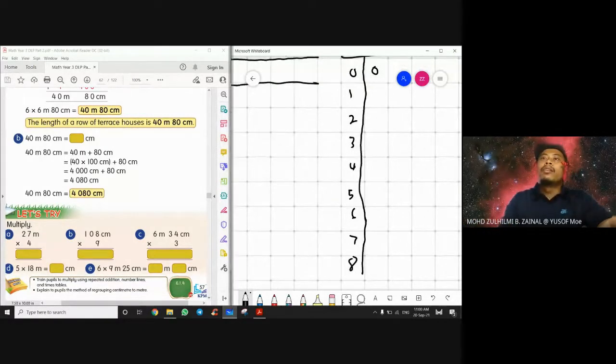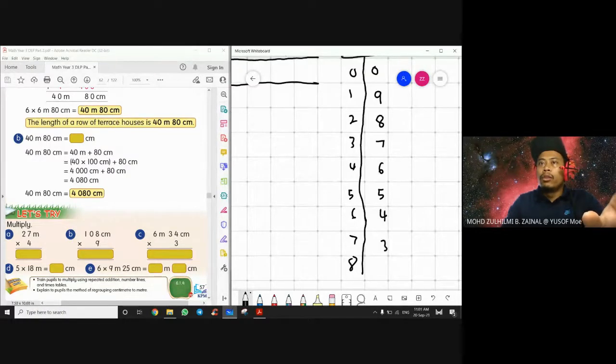Okay, for multiple of 9, start from 9. 0 plus 9, 9. 9, kamu turun ataupun kamu kira. Okay, actually kalau kamu tengok baik-baik, the flow dia senang saja. 9, 18. Okay, macam ni kita buat macam ni lah. Turunkan. 9 kan? 9 turun. 8, 7, 6, 5, 4, 3, 2.